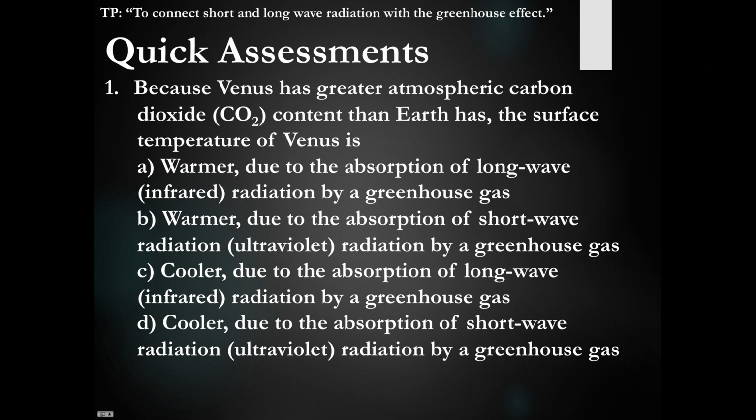It says warmer due to the absorption of long-wave infrared or short-wave radiation, ultraviolet. The surface temperature of Venus is warmer due to the absorption of long-wave radiation by greenhouse gases. So the answer here is choice A. CO2 is a greenhouse gas, trapping in long-wave.